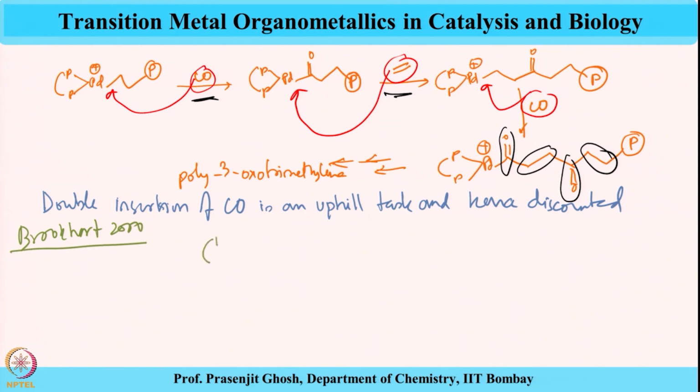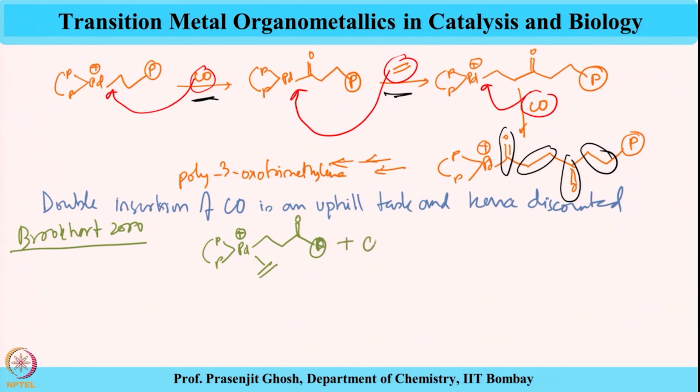So, what Brookhart did was he showed that this catalyst is present in two forms. For example, this is the polymer chain where ethylene is coordinated.